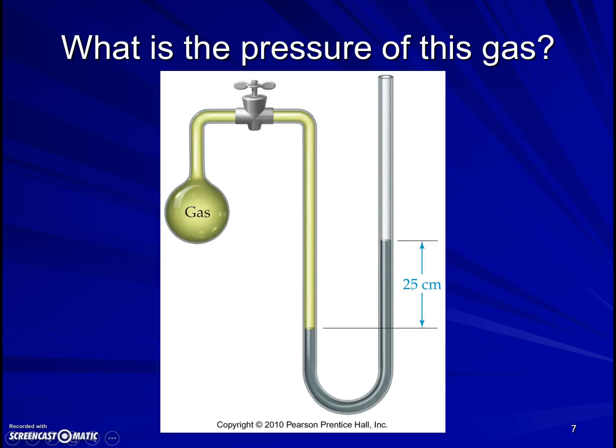And the difference is 25 centimeters, which is 250 millimeters. So what we're saying is the gas pressure inside of this container is 250 millimeters of mercury stronger than the pressure outside. So if the pressure outside is 760, plus 250 is 1010. So the pressure of this gas would be 1010 millimeters of mercury.